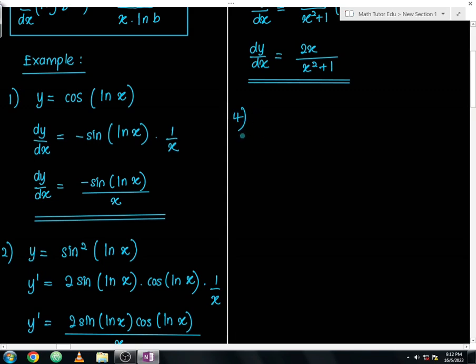So from here, let's say you have a function of y is equal to natural logarithm of x squared sine x, and then you divide with square root of one plus x, in a bracket. Okay, so now here is the part that is going to get complicated.